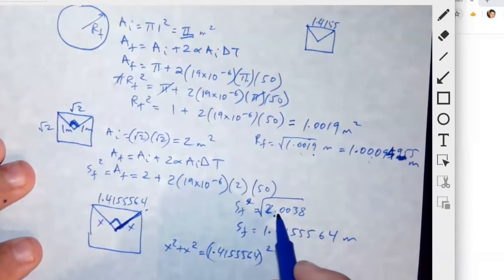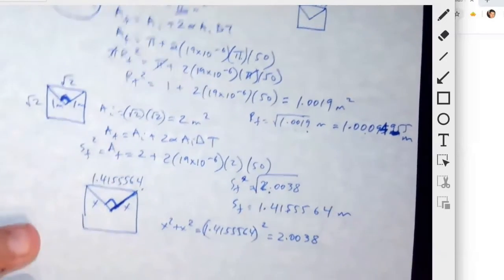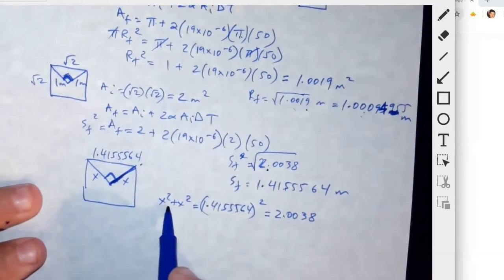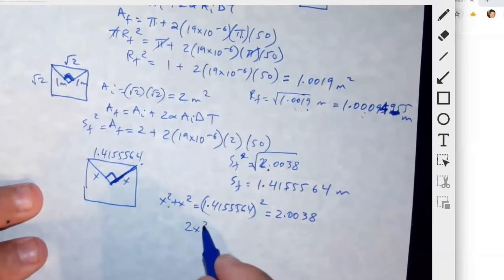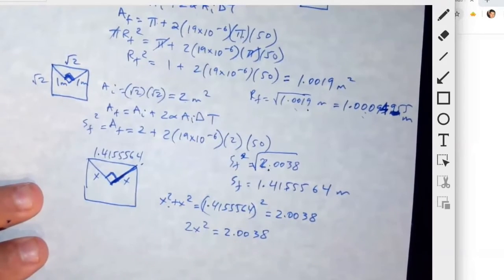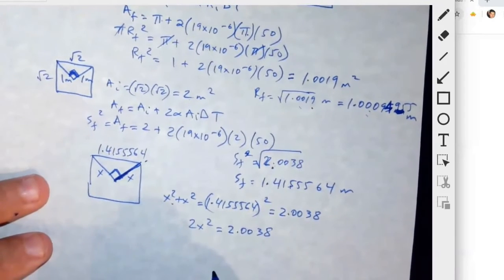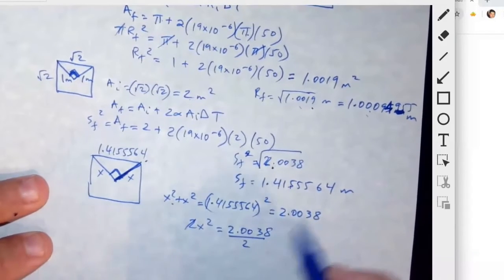So this number was even more important than this number for this case, 2.0038, right? So now we have 2x squared is equal to 2.0038, right? And then we divide this by 2.